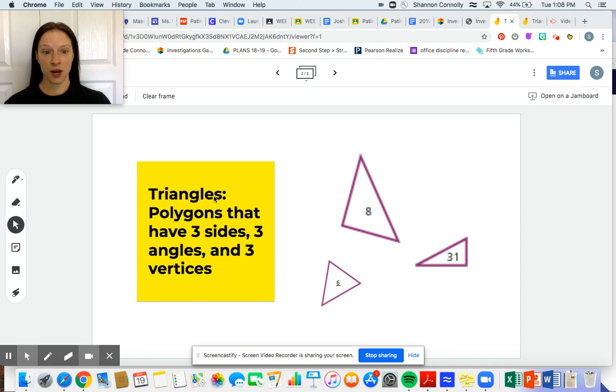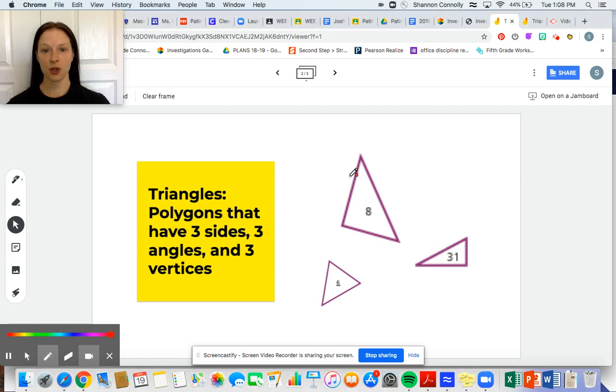So a triangle can be defined as a polygon that has 3 sides, 3 angles, and 3 vertices. So a side would be from here to here. There's 1 side, 2 sides, 3 sides. The angle is the space between where the 2 lines intersect, and that's a measurement that you took in 4th grade with the protractors.